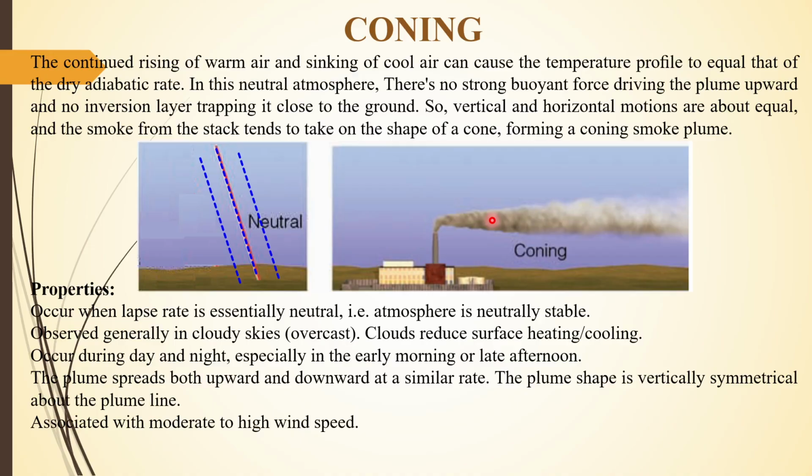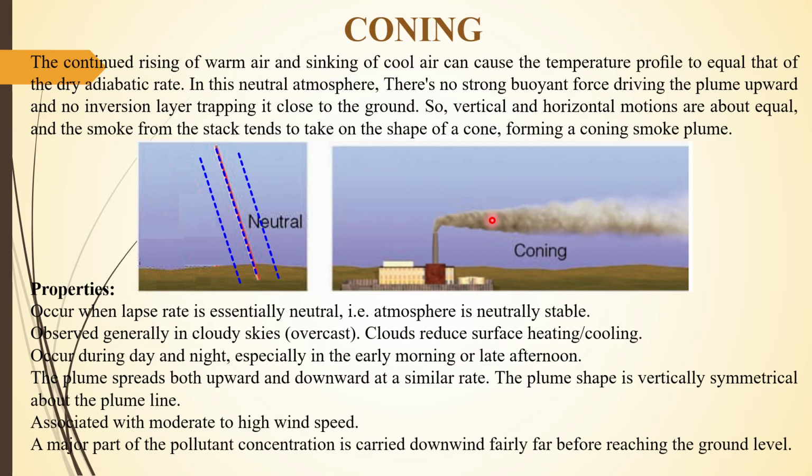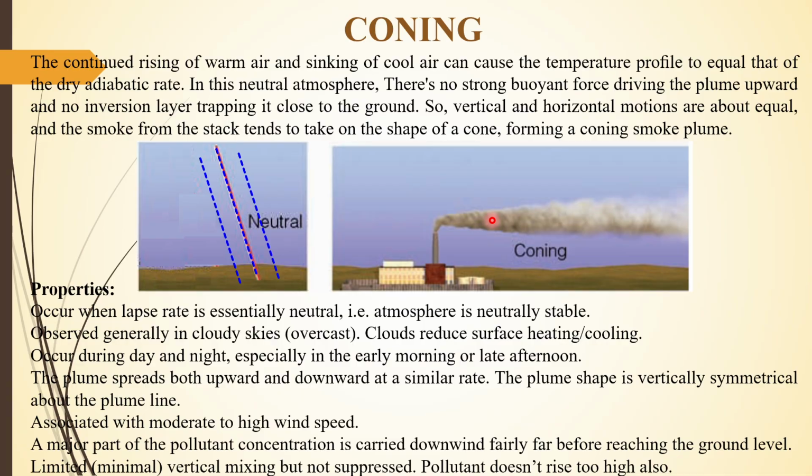It is associated with moderate to high wind speed. A major part of the pollutant concentration is carried downward fairly far before reaching ground level, with limited vertical mixing but not suppressed. The pollutant does not rise too high either.